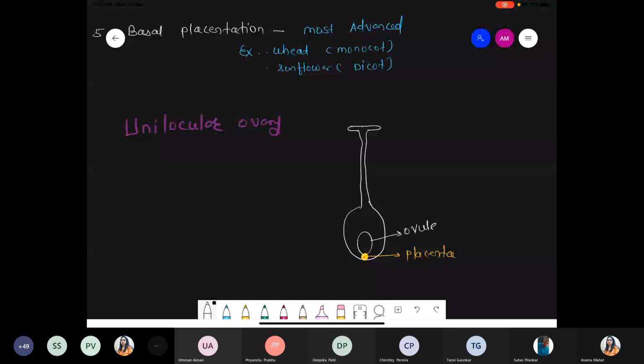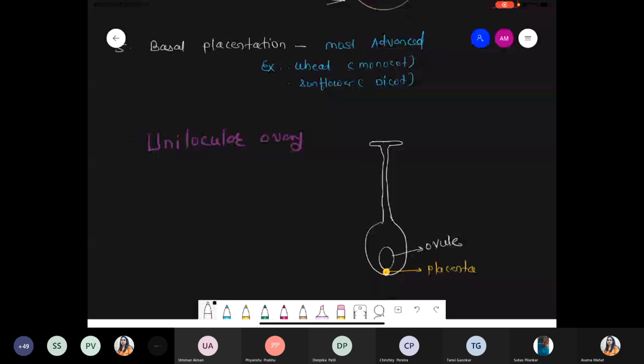The simple meaning: basal placentation is most advanced because they show reduction. There is no different compartment. Not many ovules are present, because a single ovule represents a single seed after fertilization. So it is a very simple mechanism showing reduction in placentation type and having a single ovary, that is a unilocular or unichamber, single chamber ovary. Okay, done.